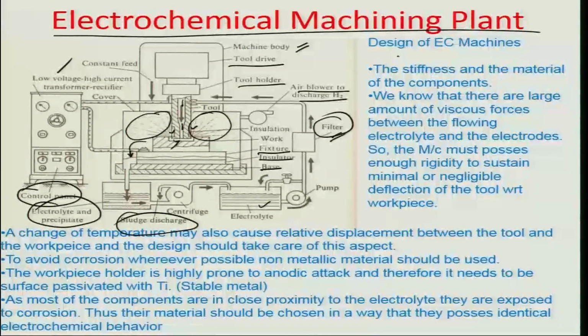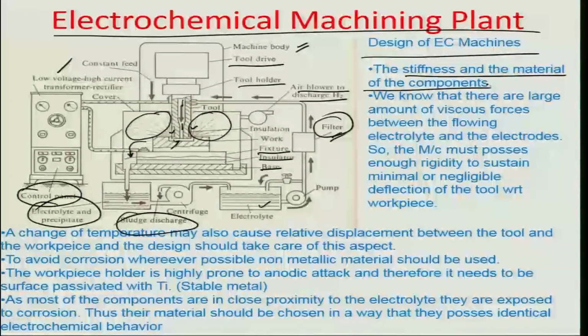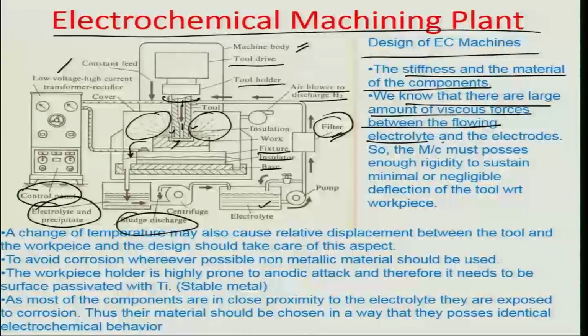So some of the design guidelines for such electrochemical machines: the stiffness in the material of the components needs to be thoroughly evaluated. There should not be any wobble of the tool holder, so that whatever is to be machined has a certain degree of precision. We know that there are large viscous forces between the flowing electrolyte and the electrodes, particularly because the gap is very narrow.